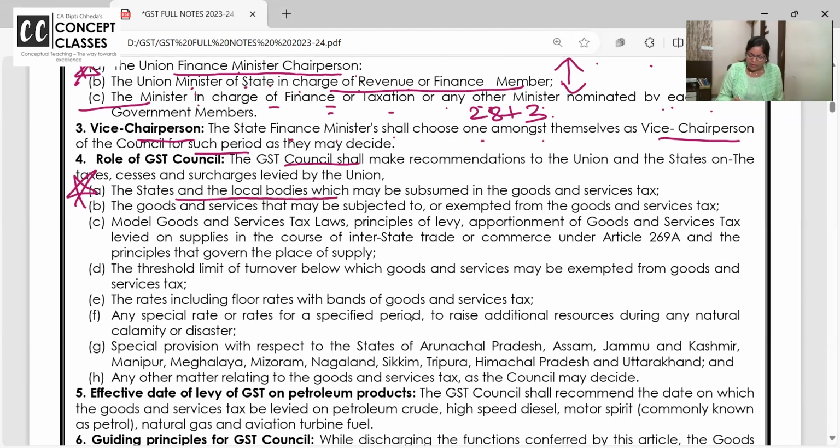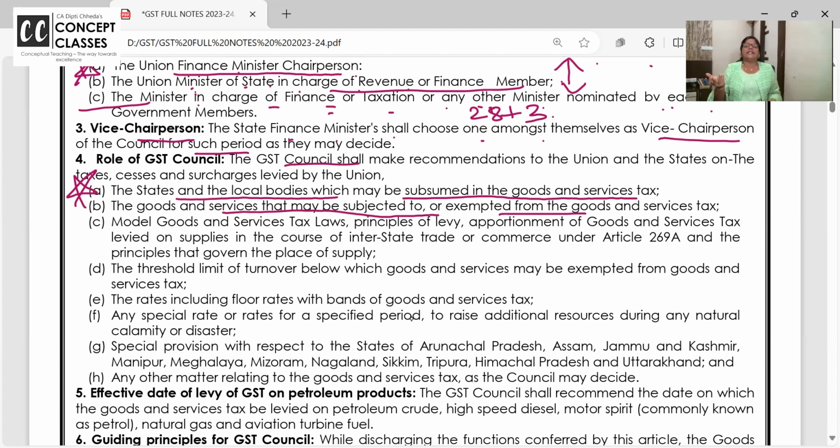State and local bodies which may be subsumed in the goods and services. Okay, what are the taxes which are going to be subsumed? GST. Goods and services which may be subject to tax or exempted. I'll teach you in coming classes what are exempted goods, nil rated goods, zero rated goods.